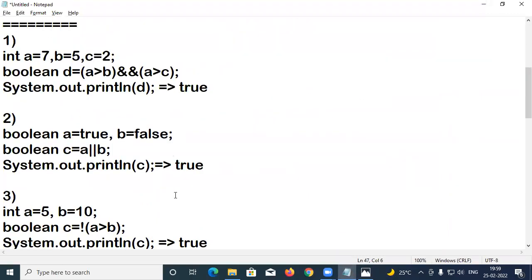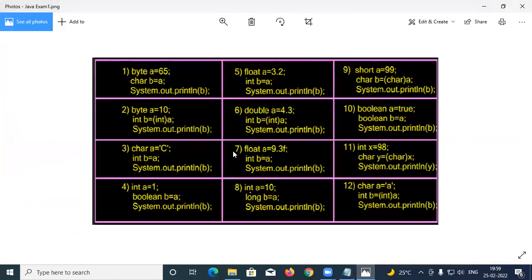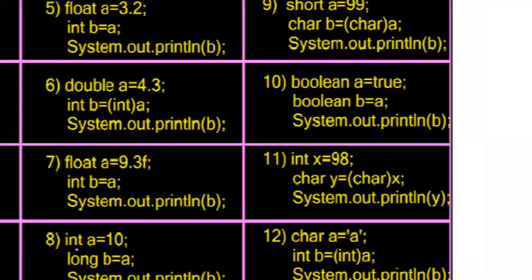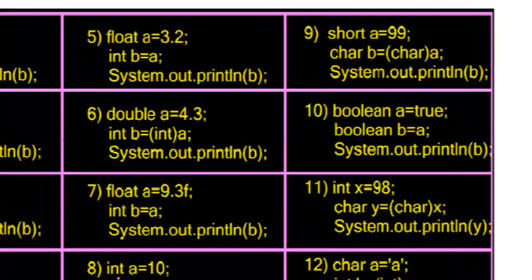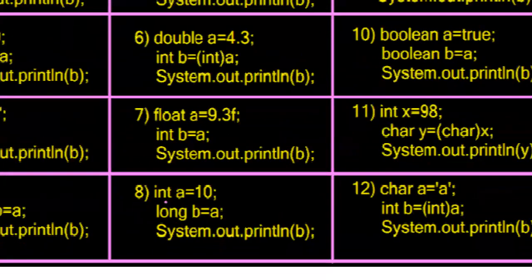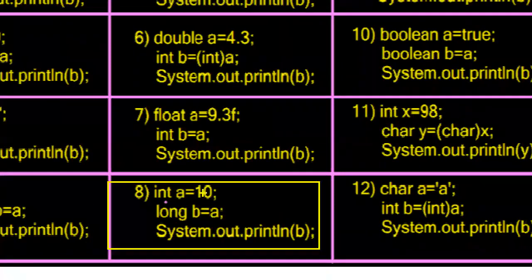Which one? First one. 8. This one, integer to long, comes under 19. So 10 will be stored. L is required if the number is out of integer range. For a variable, you should not write plus L. Only if you write a literal, then it is required.